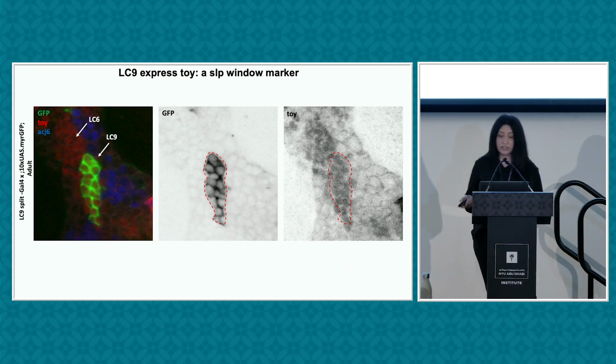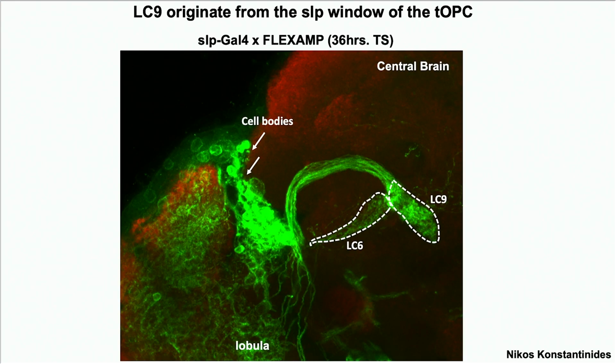To further confirm that they do in fact come from that sloppy paired time window, we performed an experiment which we call FlexAmp. In this experiment, we have a way of labeling neurons that are born at a specific time point.